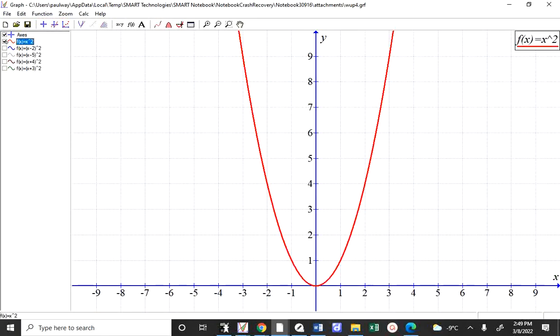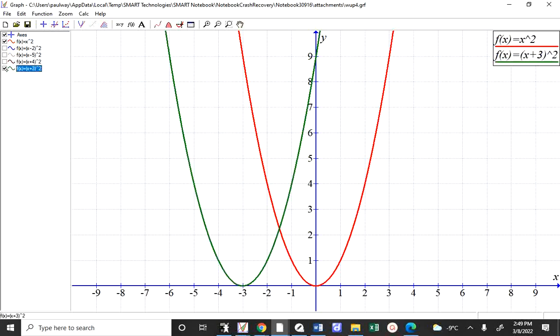Okay? Let's take a look at these graphs. Here is y equals x squared, and I'm going to toggle now y equals (x plus 3) squared. I know that everybody in the room knows in their head what the graph is going to do. Would you agree, though? Most of you would say it moves 3 to the right. Well, guess what? It moves 3 to the left.